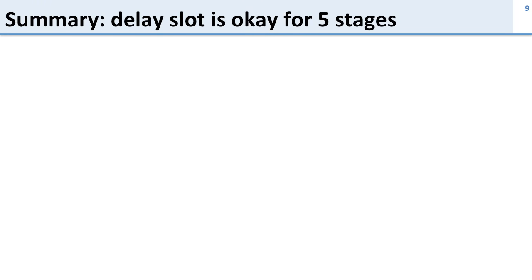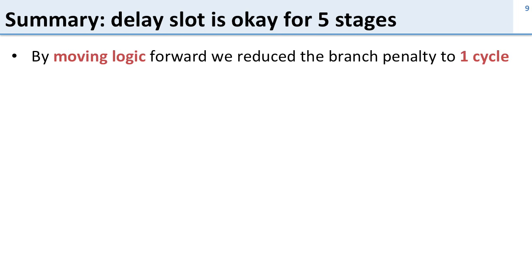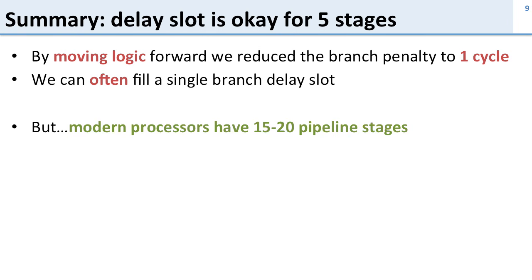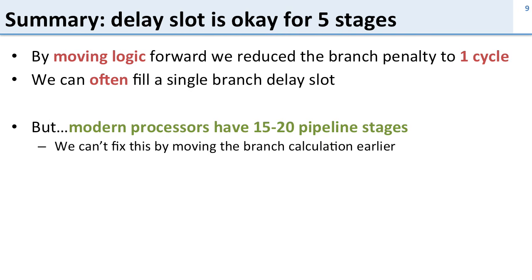So the summary of branch delay slots is that they're okay for 5 stages. We saw that by moving the logic forward, we could reduce the branch penalty to 1 cycle, and we can often fill a single branch delay slot. So this isn't too bad. The problem is that modern processors have 15 to 20 pipeline stages, so many, many more stages than our simple 5-stage pipeline.